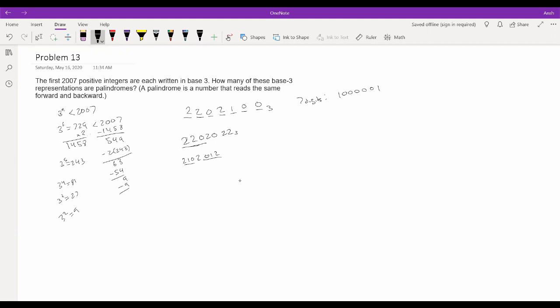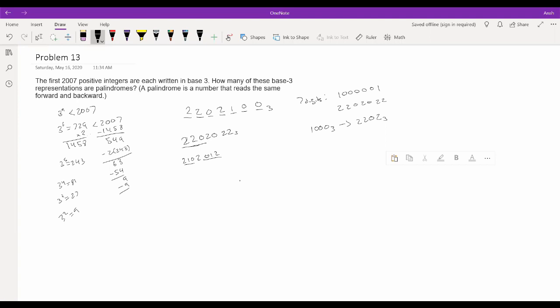So then we just want to find all the 7-digit palindromes, which would just be the number of palindromes between 1000001 and 2202022. And to do that, we can just count from 1000, the first 4 digits of our first palindrome, to 2202, which were the 4 digits of our next palindrome. Because for each 4-digit number in between these 2 numbers, there's a unique palindrome.